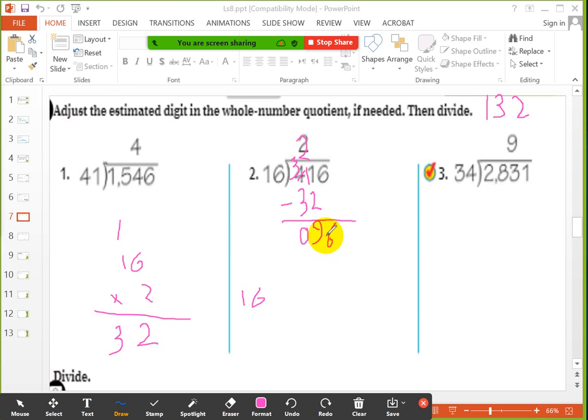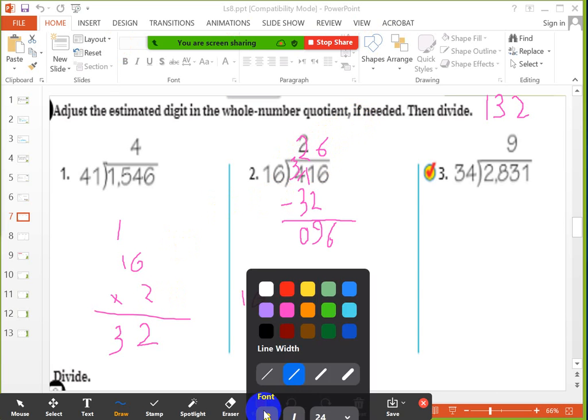96 divided by 16. How many 16 in 96? I think it will be maybe 5 or 6. Some of you said 6, or all of you said 6. Thank you. So let's multiply 6 with 16.